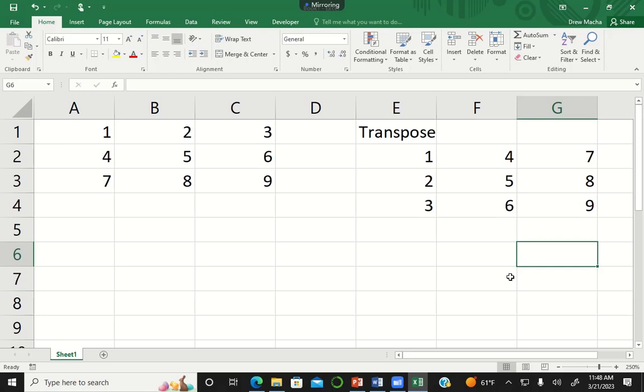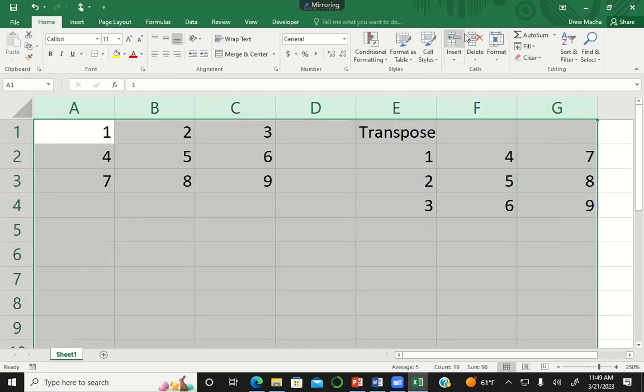The rows become the columns, and the columns become the rows. So you take the matrix and you mirror it across the diagonal. The diagonal remains the same, so I still have 1, 5, 9 on my diagonal, but everything else flips and mirrors across the diagonal, so that your rows become your columns and your columns become your rows.